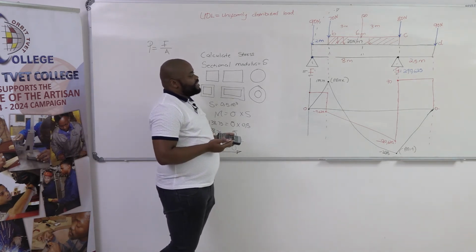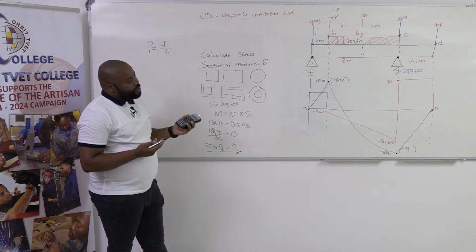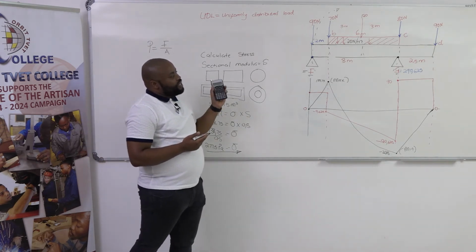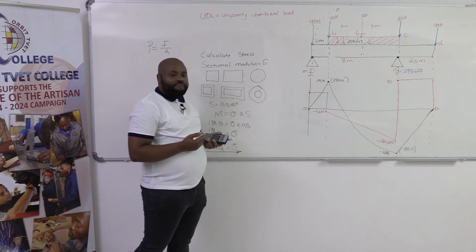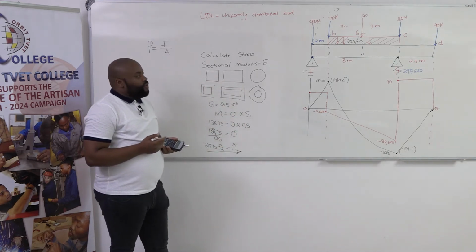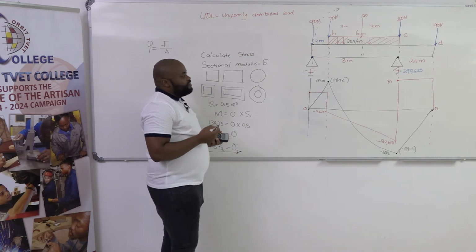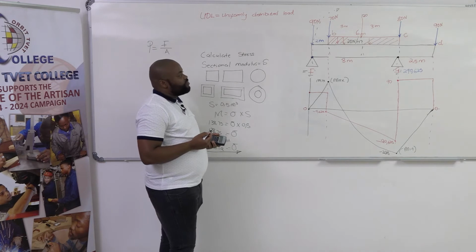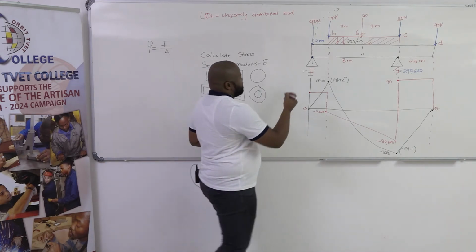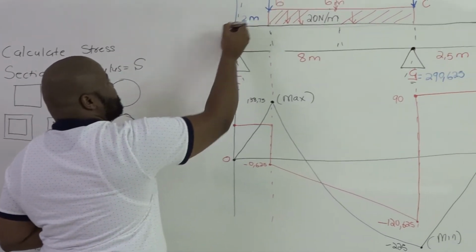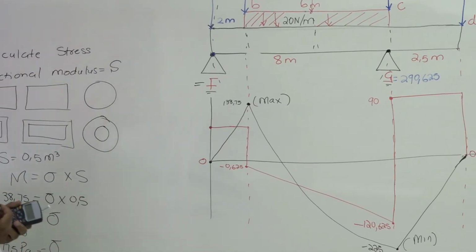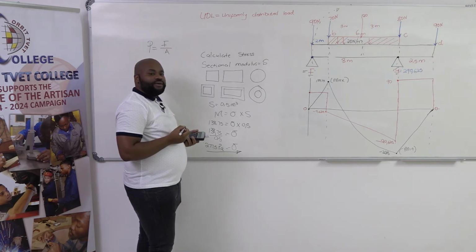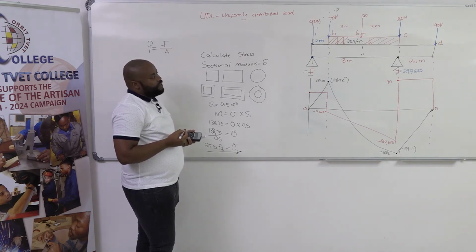The first example that we started with, we did not have a UDL, meaning that you can go directly into calculating the reactions. So on this particular beam, the first step that you do is to make your UDL a point load. We gave the definition of a point load when we started with our presentation: an example of a point load will be this 190. It means that it is acting on a particular point on our beam.